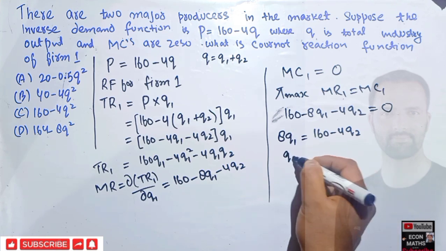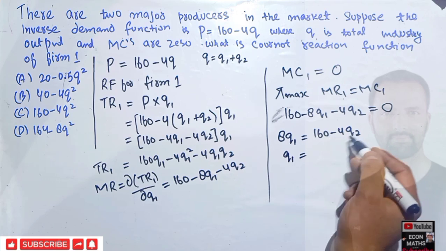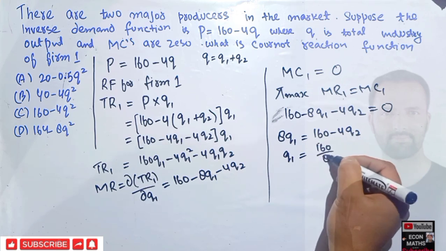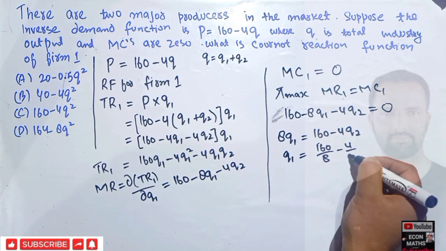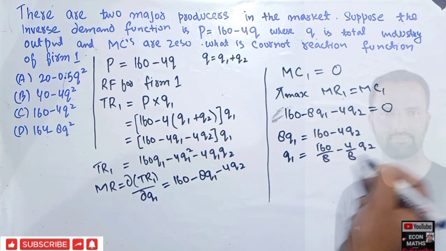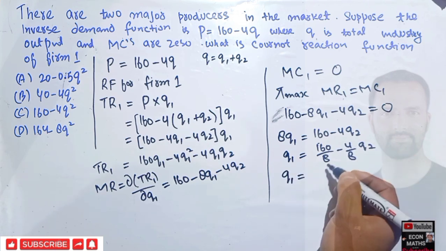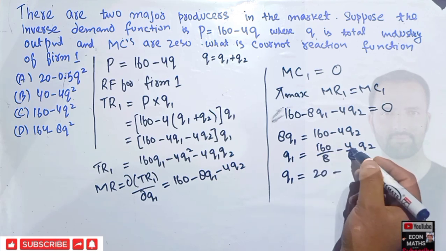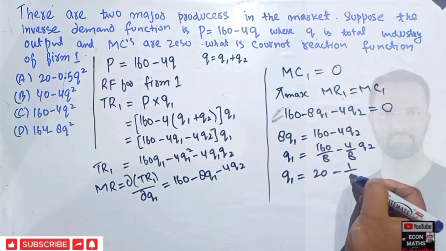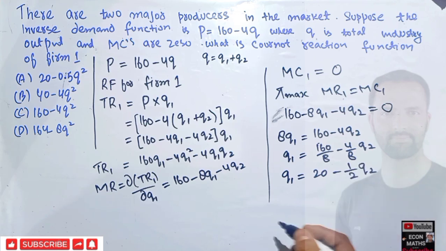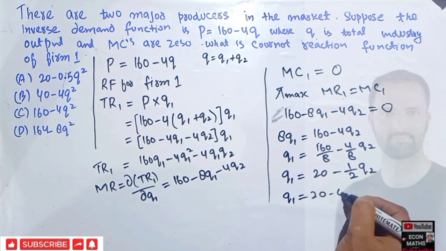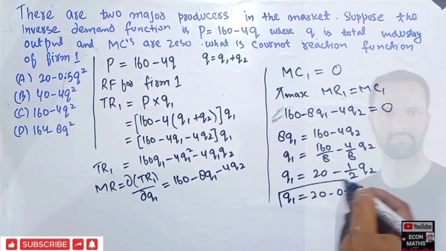So Q1 = 20 - 0.5Q2, and this is called the reaction function.